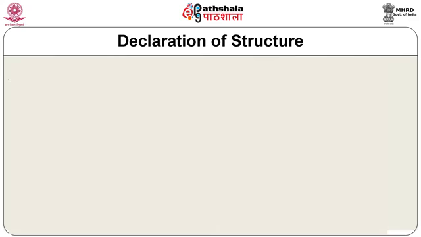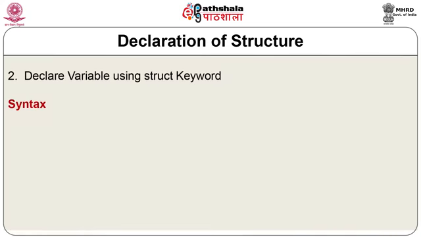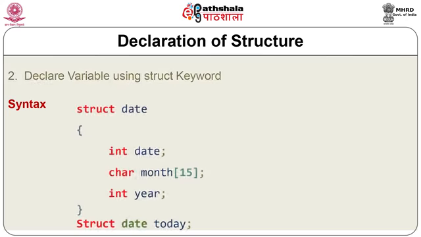Let us see the second type of declaration, that is declaration of a variable using the struct keyword. In this syntax, you can see struct date. Under this, we are using three fields: date, month and year.